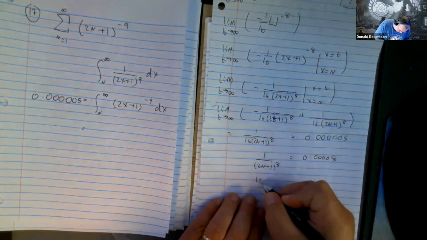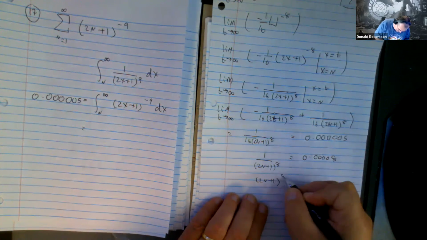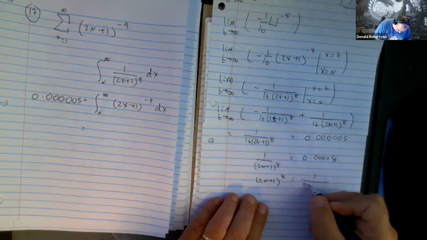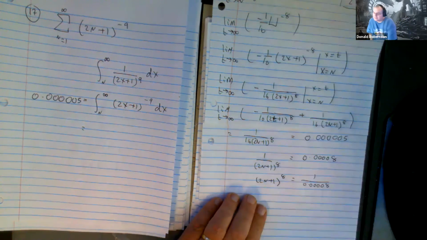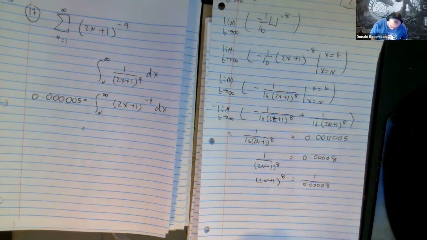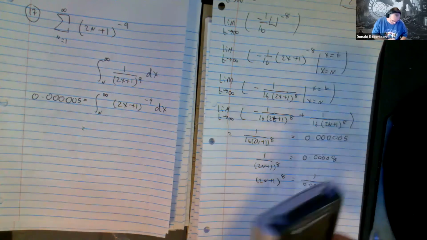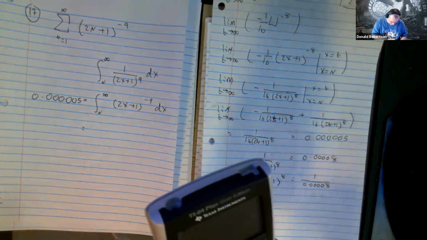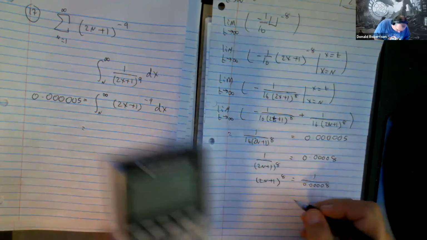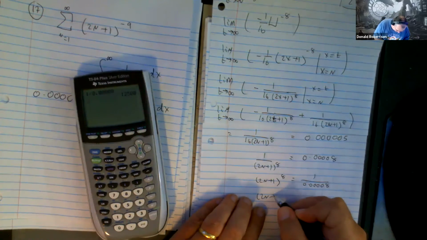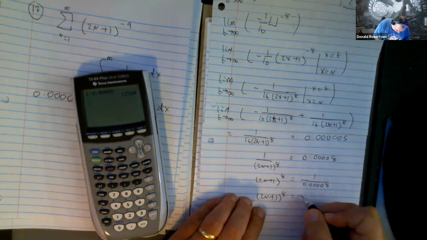How about 2n plus 1 to the 8 is 1 over that guy. Which in turn is 1 divided by 0.00008. So I'm now looking at 2n plus 1 to the 8th is 12,500.